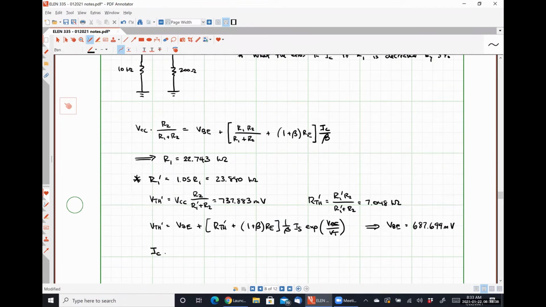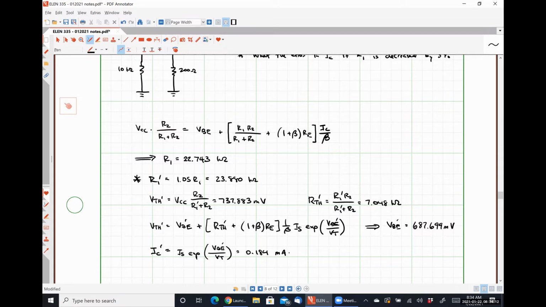From this, I'm going to put a prime here. With this value of VBE, then IC is IS EXP VBE prime over VT. I got 0.184 milliamps. So we see an appreciable change, right?